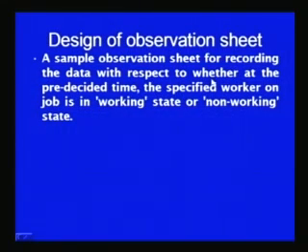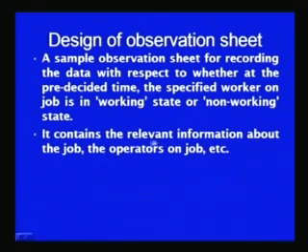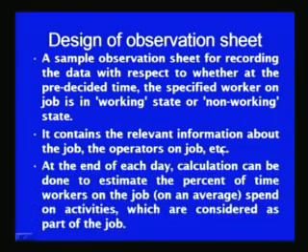So, a sample observation sheet records whether, at a pre-decided time, a specified worker on the job is in working or non-working state. It contains the relevant information about the job, operator, place, date and the person who will be carrying out the sampling study, etc.